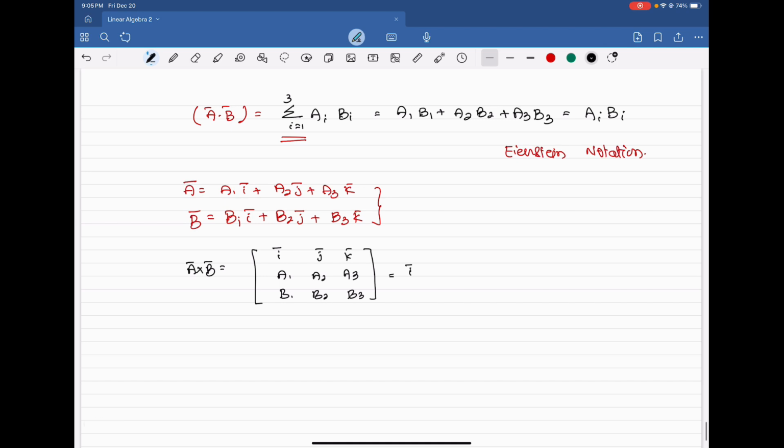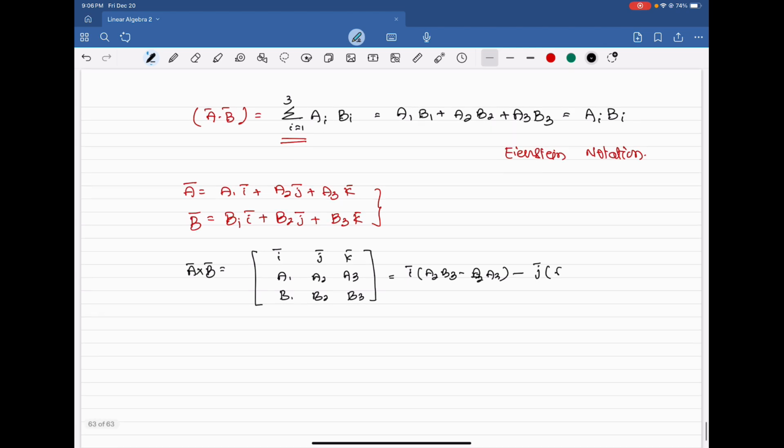It is like this: I into A2 B3 minus B2 A3, minus J into A1 B3 minus B1 A3, plus K into A1 B2 minus B1 A2.